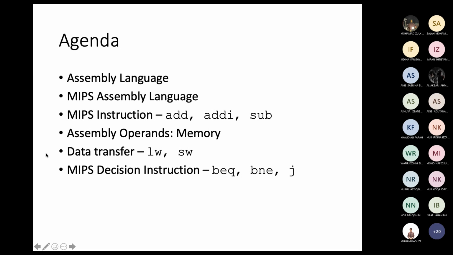The instructions that transfer data will be introduced after that. LW and SW here are the instructions for data transfer. And then we will also brief about MIPS decision instructions, BEQ, BNE, and also the J instruction, right?